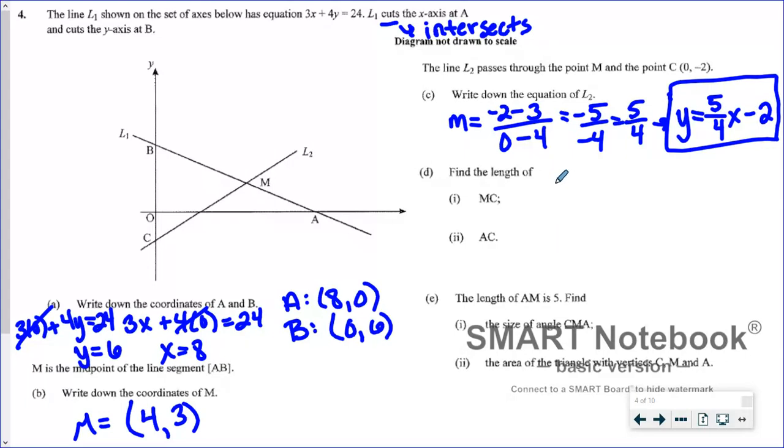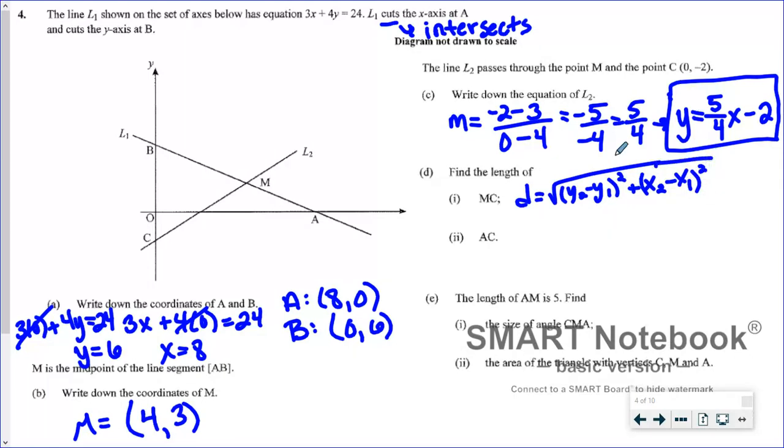Okay, part D, find the length of MC. Okay, so we have the coordinates of M. They tell us the coordinates of C here. All right, the length, we can use the distance formula, which is y2 minus y1 quantity squared plus x2 minus x1 quantity squared.